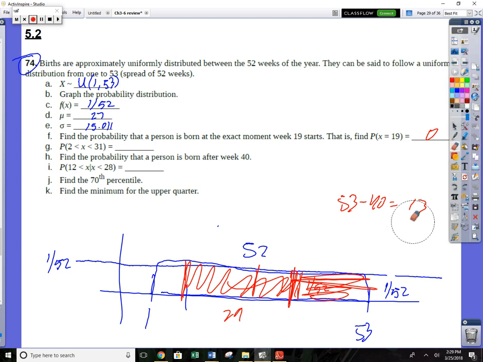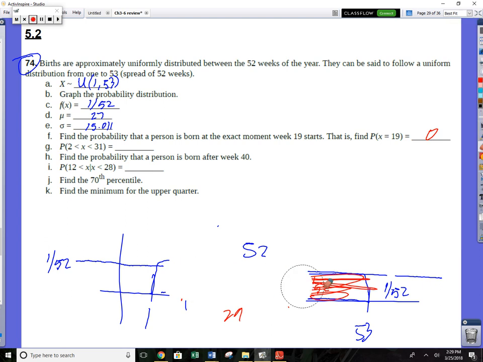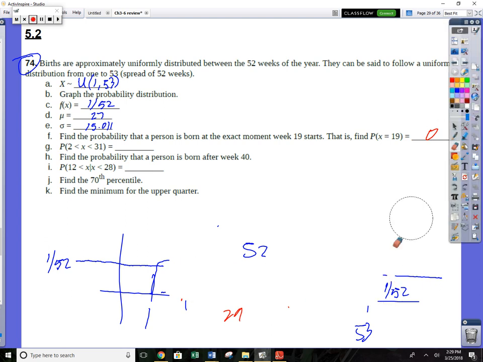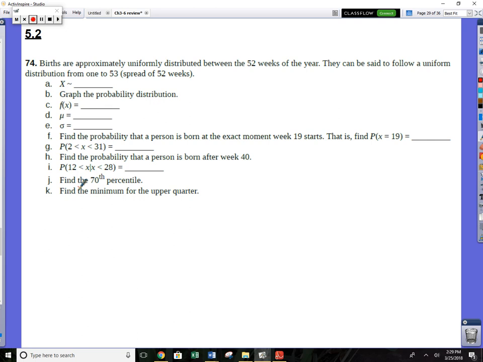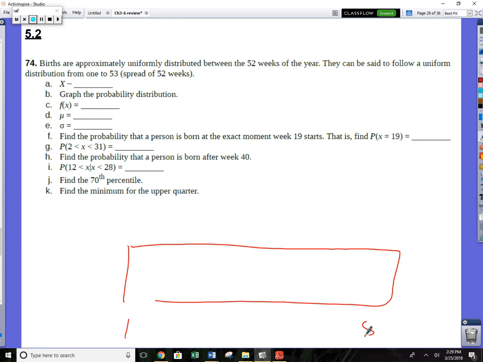Let's look at I. Find the chance that X is greater than 12. So here's my rectangle. It's 1 to 53.